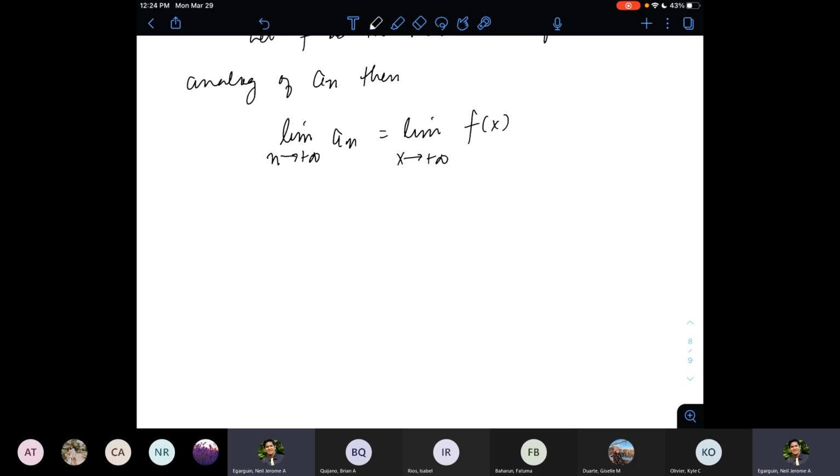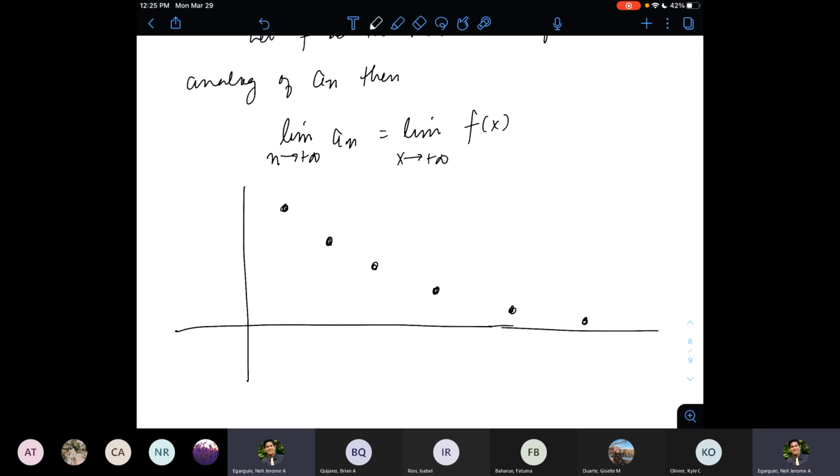If you want to see an illustration, last time I told you that the graph of a sequence is just a bunch of points, right? Because the domain will just be the set of natural numbers, 1, 2, 3, 4, 5, and so on. And you cannot connect the dots, because that would imply there is a function value for x's between 1 and 2, which is non-existent for sequences.